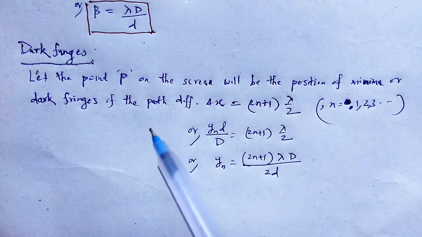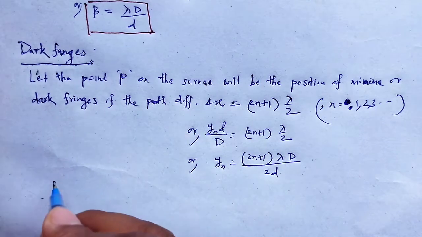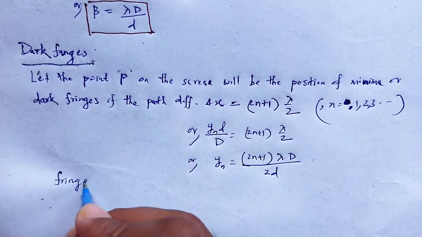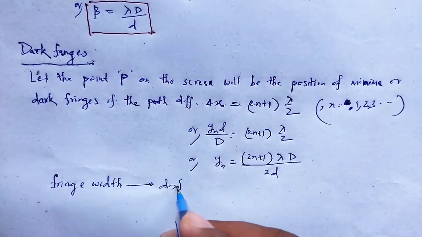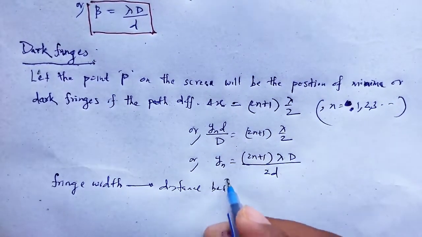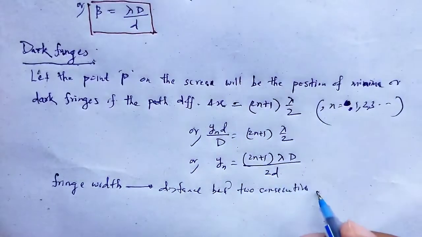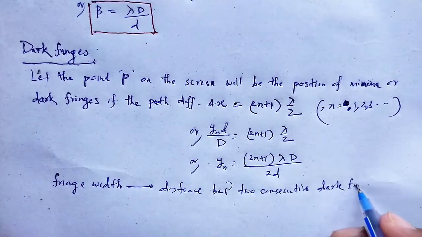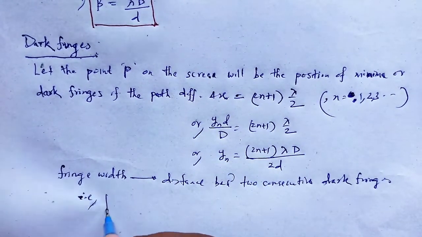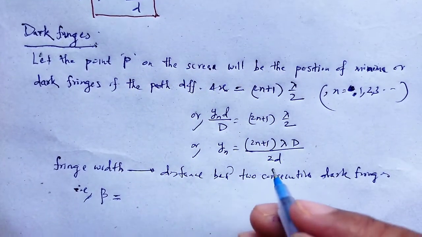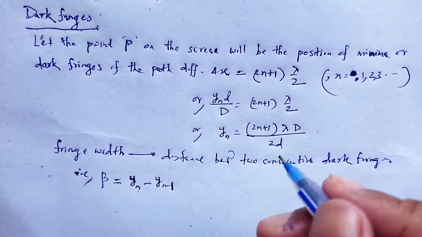Again, what is the concept for fringe width? For fringe width, that is the distance between two consecutive dark fringes, that is beta is equal to yn minus yn minus 1.